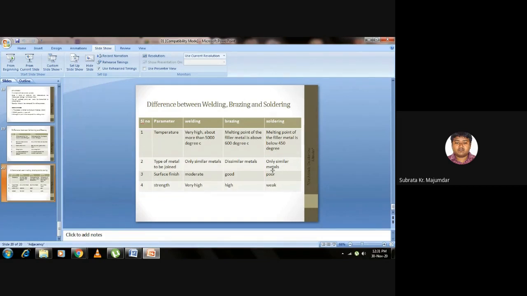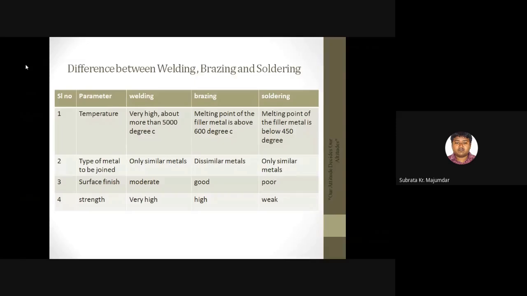Acha, this first difference is based on the temperature, and the second difference is the type of metal to be joined. In welding, normally we join similar metals, but sometimes we can also join dissimilar metals.